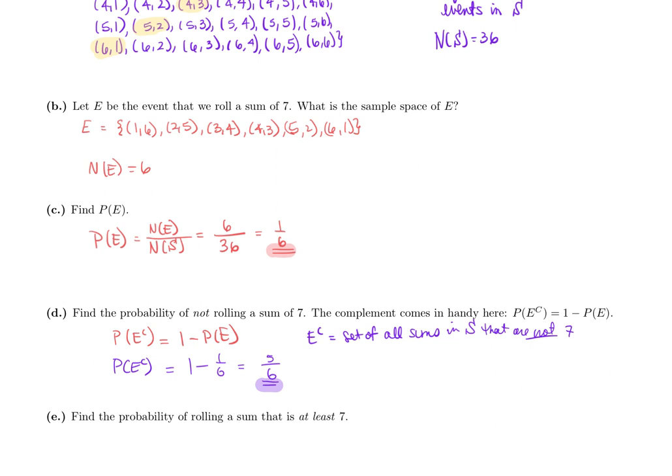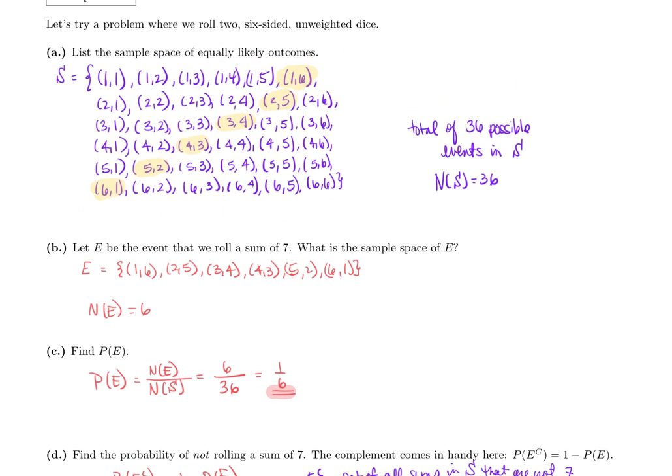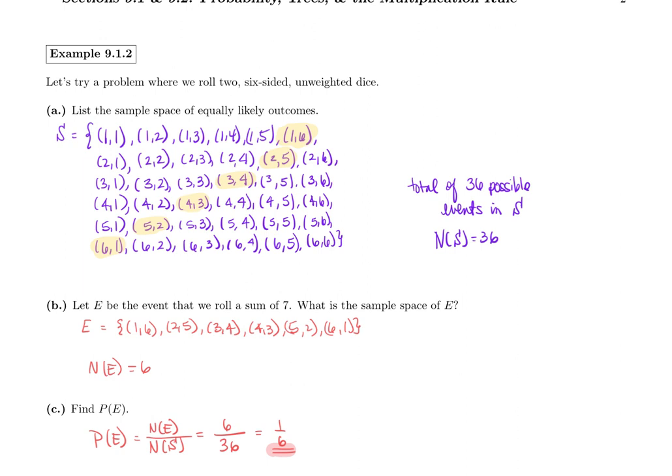Where things can get a little bit interesting with probability is when we now switch over to something like find the probability of rolling a sum that is at least 7. So if we scroll back up to our sample space, well, the 6 that we have marked are already 7, and 6 and 2 is at least 7, that's 8. Well, so it would be 2 and 6 and 6 and 2.